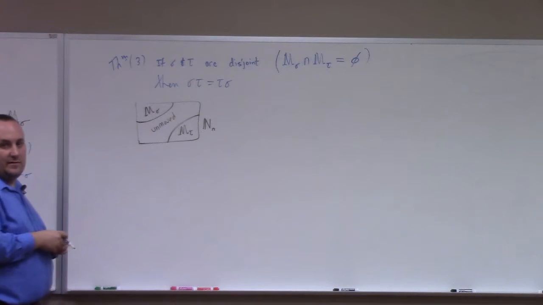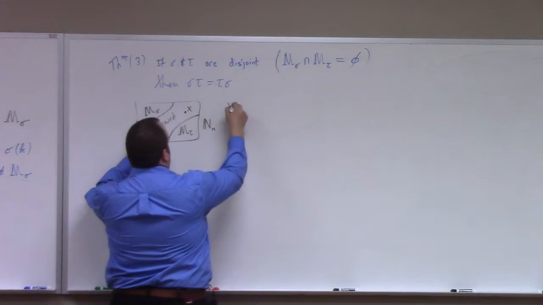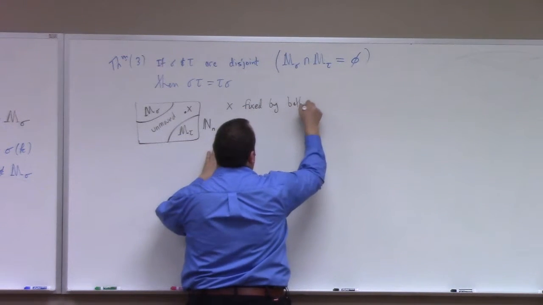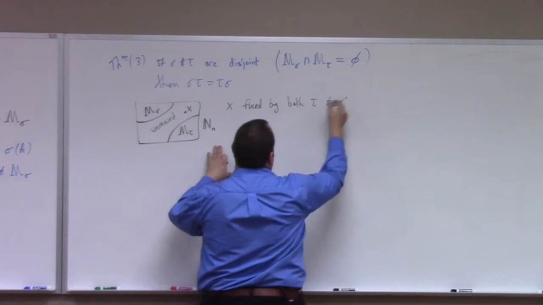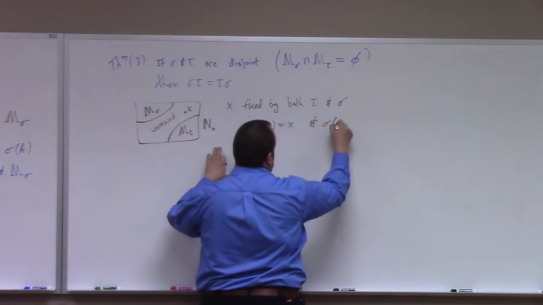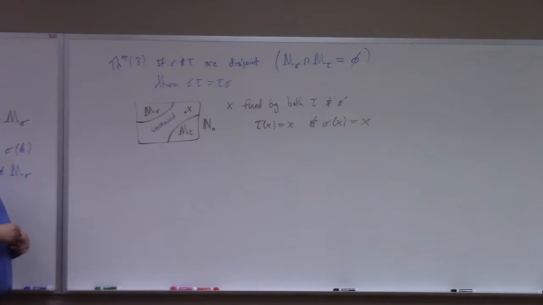So in other words, if I take x in here, x is fixed by both tau and sigma. In other words, tau of x equals x, and sigma of x equals x. Them's your three cases, right?